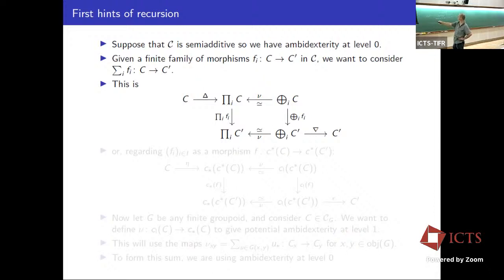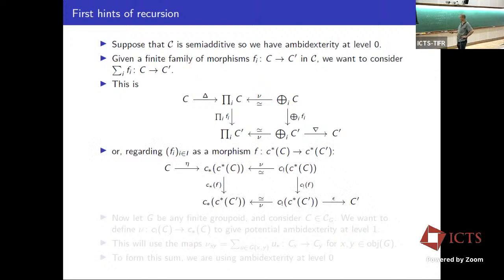This composite from C to C prime is the sum of these maps Fi. This is a way of describing the sum which makes it clear what the role of the ambidexterity isomorphism is.